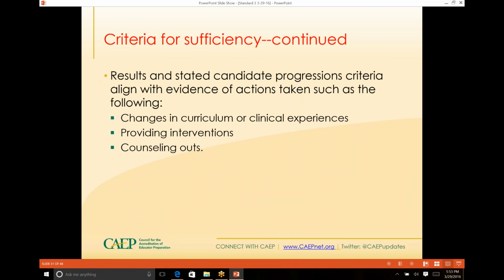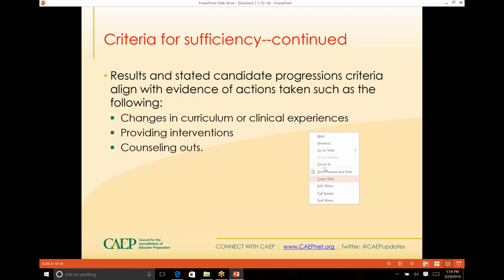So, as you're monitoring the candidate's development over time, you're also making changes in your curriculum or changes in the expectations for your clinical experiences. You're providing interventions and saying, look, you really need to work harder on this or that. Or that you're counseling candidates out of your programs who are demonstrating that teaching is not the best fit for them.